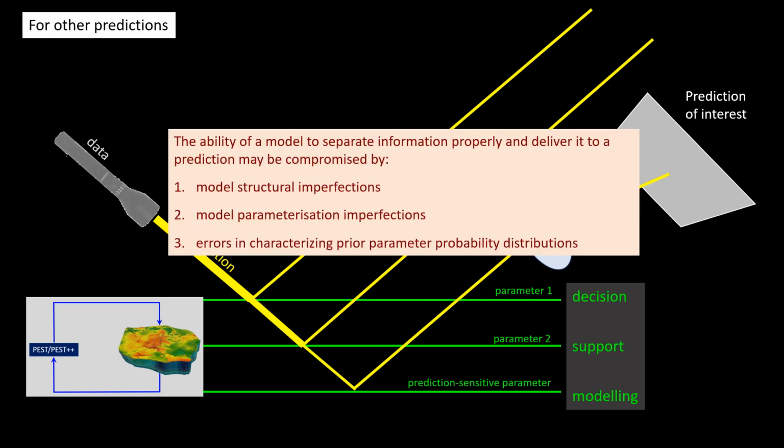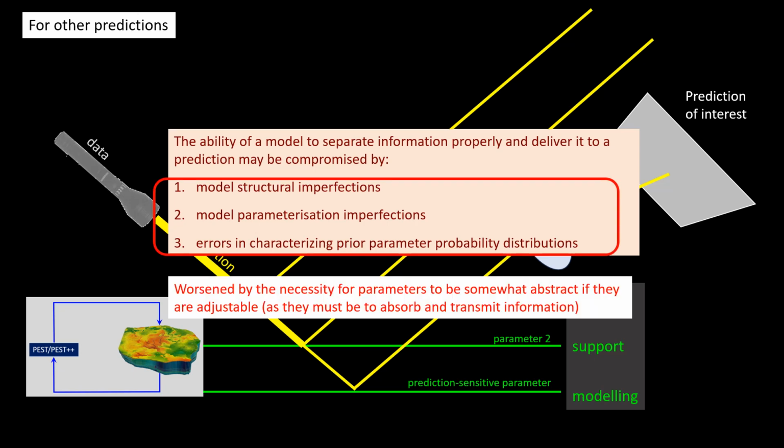So as we said, the ability of a model to separate information properly and deliver it to a prediction may be compromised by many things. We've seen model structural imperfections, model parameterization imperfections, and errors in characterizing prior parameter probability distributions. And this gets worse the more complicated our model is and the more complicated the parameterization scheme that we give it.